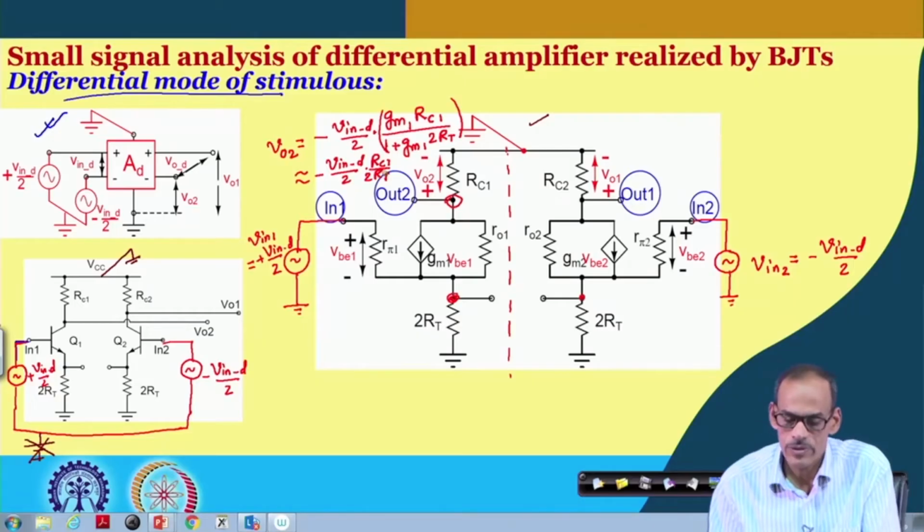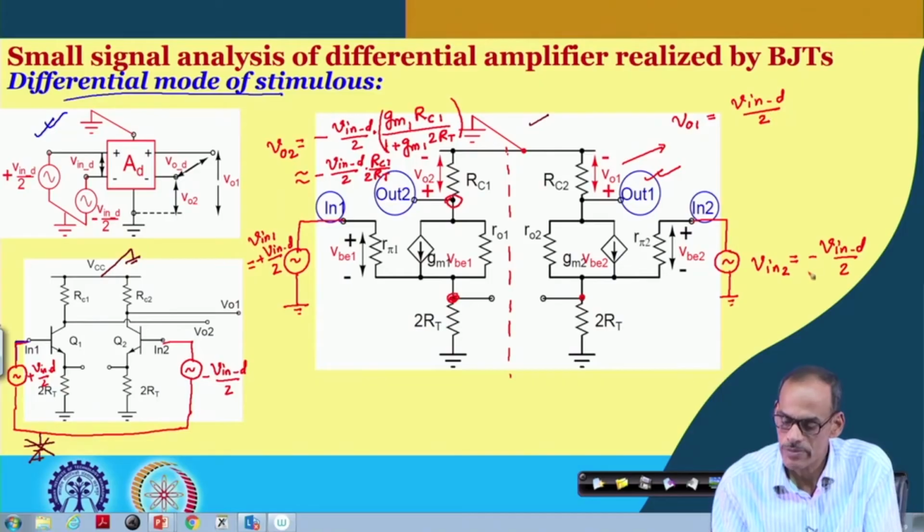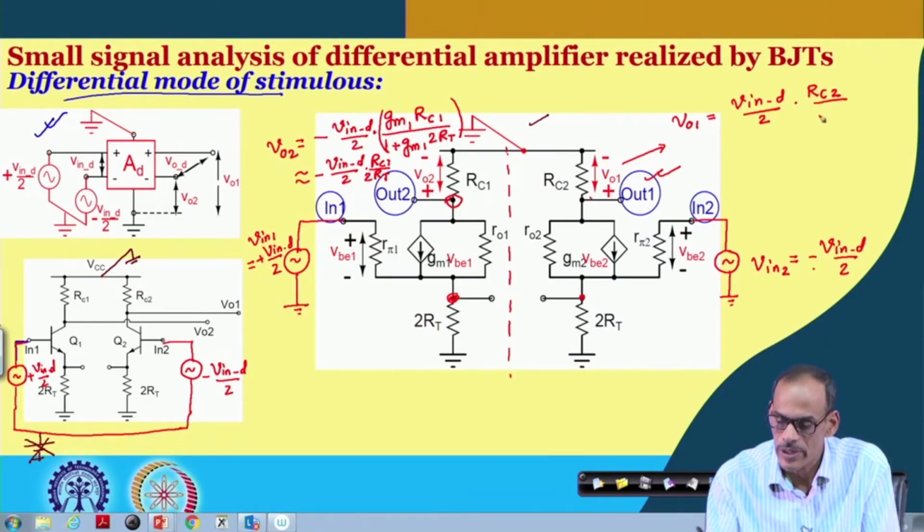So, likewise, when you consider this node, whatever V out 1 we are getting, VO1 equals minus and minus, we have both the minuses together. So, we have V in D by 2. The minus and the minus here, the polarity of this amplifier, get cancelled, and so this is RC2 divided by 2RT.